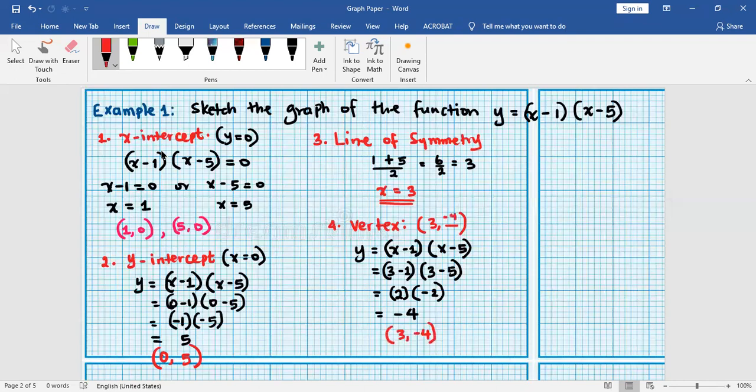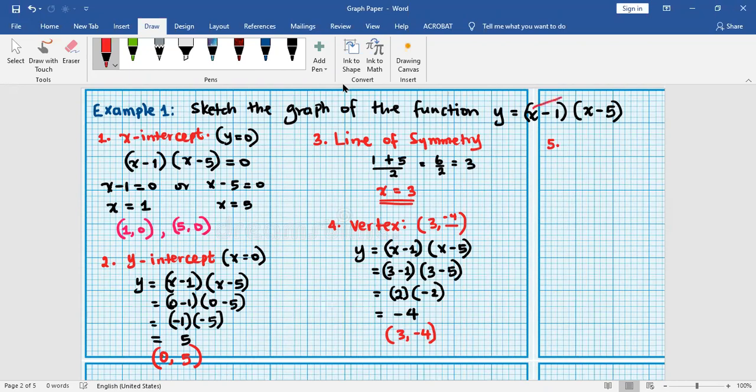Now, we have finished all the parts. We have x-intercepts, y-intercept, line of symmetry, and the vertex. Another thing we must not forget is to check whether it is opening upward or downward. You see, we have no coefficient here, but once we get x times x, we get x squared.